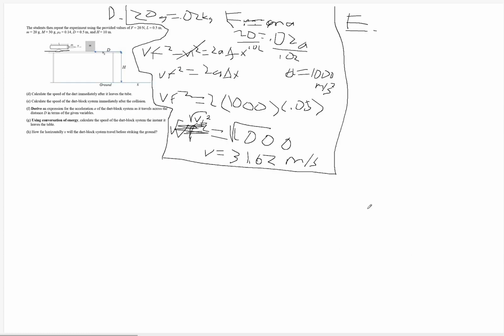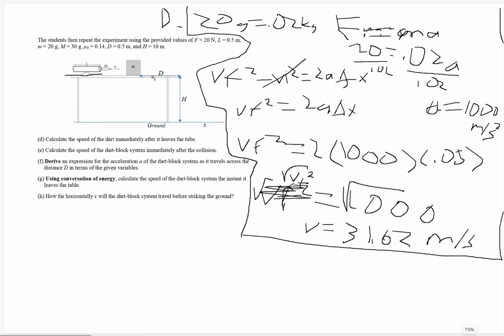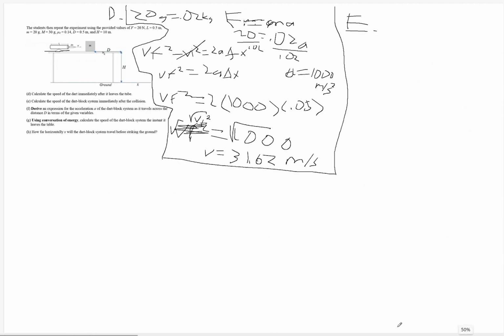All right, part E. Calculate the speed of the dart block system immediately after the collision. Okay. So the speed after. So we're gonna be using momentum. So it will be m v initial.